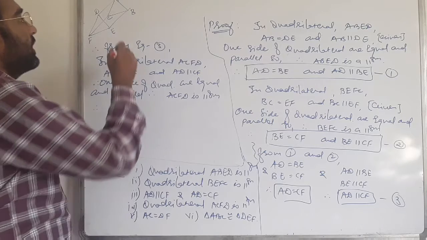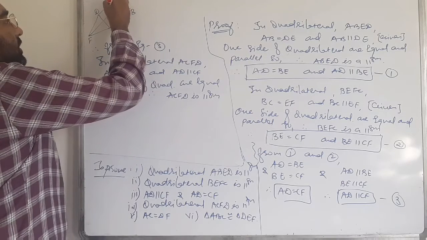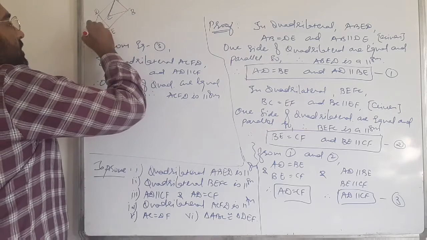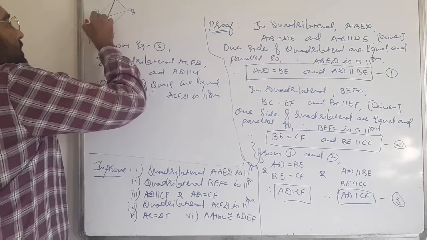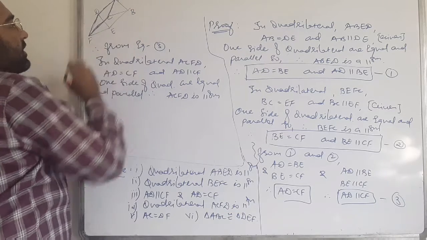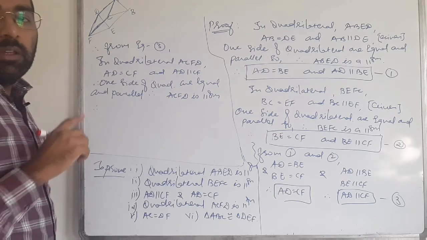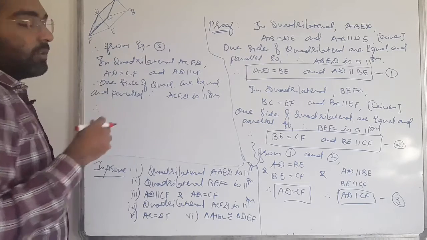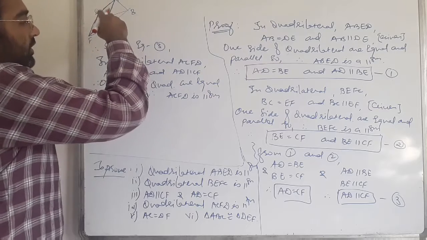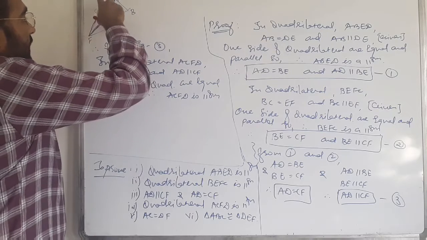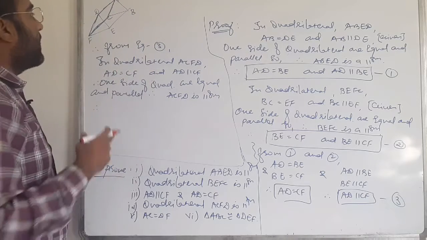So where is the ACFD? This is my A, C, F, D. Okay, this is my ACFD. In ACFD there are other sides that are parallel and equal. So what is the other side? AD and CF are equal and parallel.